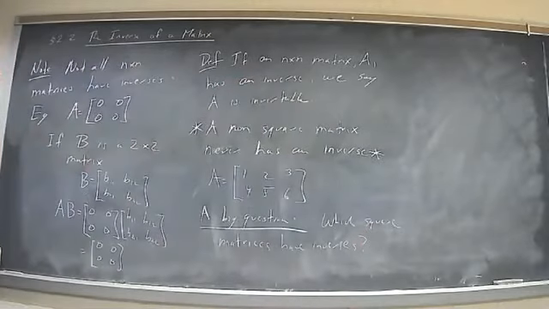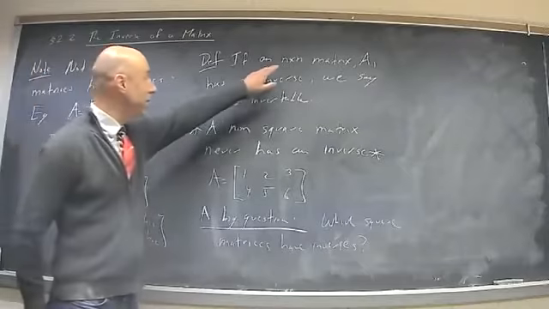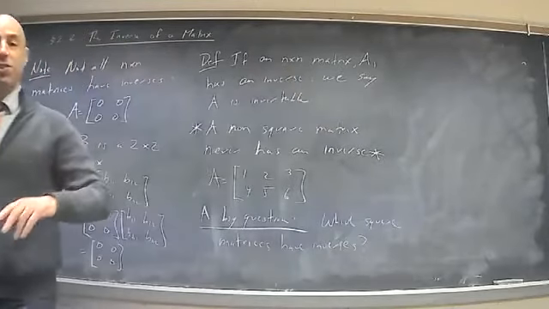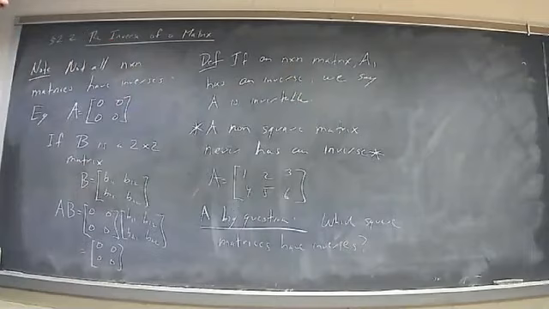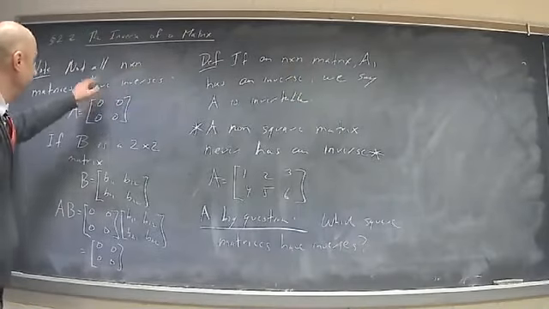And hopefully it's clear what I mean when I say square matrix. It just means it has the same number of rows as columns. I don't mean perfect squares or anything like that. Same number of rows as columns, so when you write it out, it looks like a square.